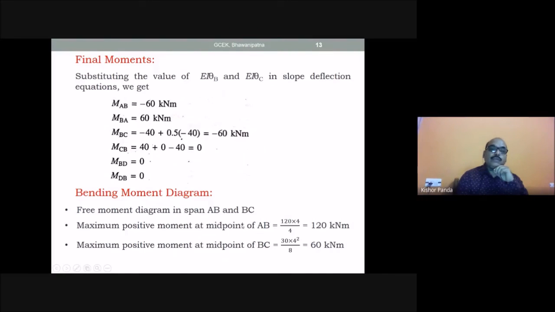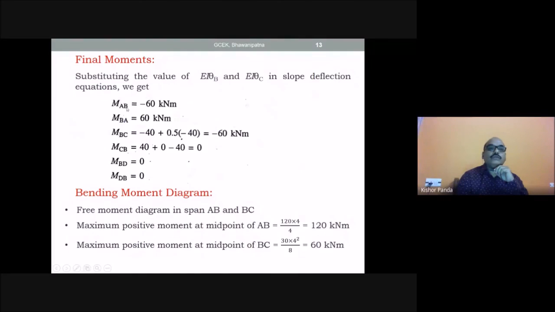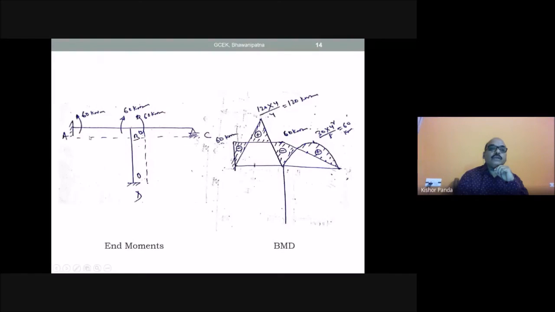Then you can plot the bending moment diagram, because here you have the final moments at the supports and the maximum positive moments on spans AB and BC. First you draw the end moments. MAB is minus 60. This is AB. Minus means you give the direction anti-clockwise.